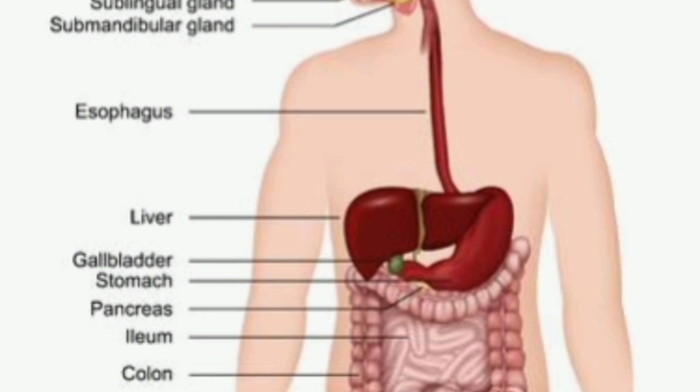This saliva softens the food material along with the tongue, which helps us mix the food properly. So inside our mouth, mechanical digestion takes place. That means with the help of the teeth and the saliva, we mechanically chew the food, and that process is known as chewing.